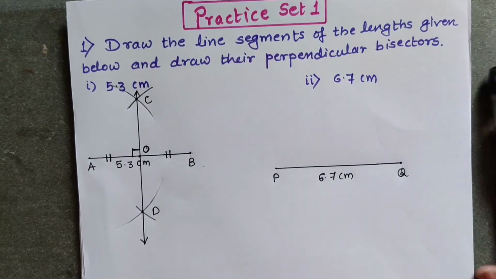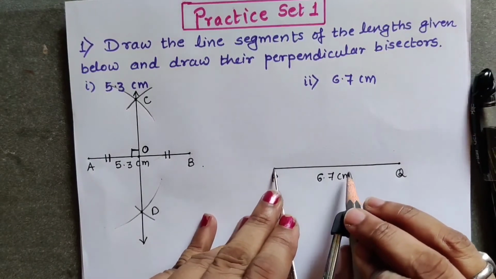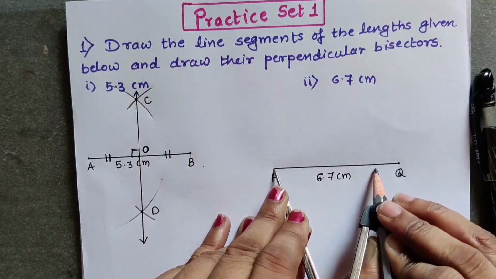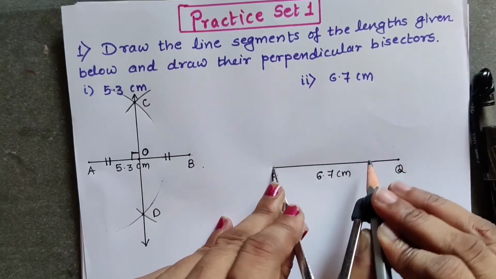Now we will be using our compass for drawing the arcs. The distance should be approximately more than half. Now let us see.